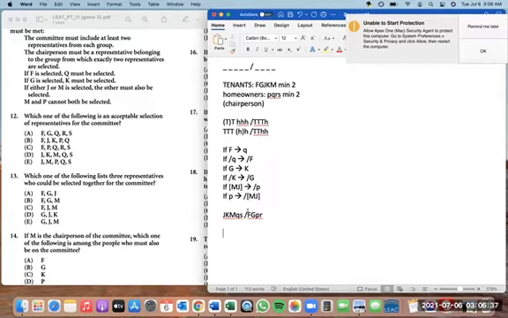So for example, if we have G, then we have to have K. So we can eliminate A and B and E actually. And then it's just between C and D. And in D, they've separated J and M. So C's got to be the correct answer.